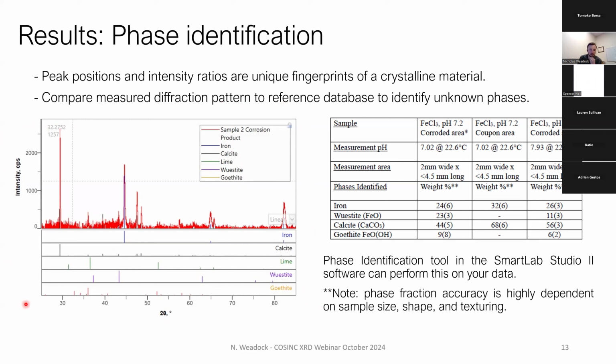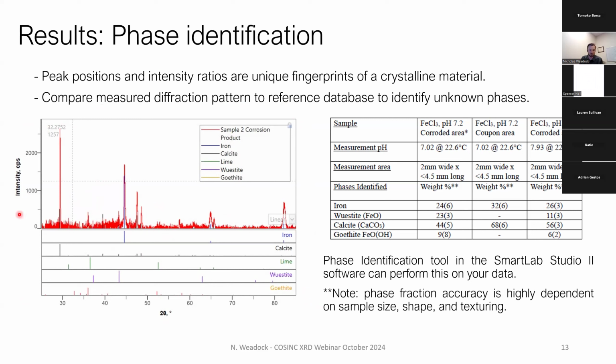So in this case, I'm showing you an example from a corroded steel pipe. And what we do with the software is once we take our diffraction pattern shown here in red, you'll fit peak positions and peak areas, and then match those within a database of known crystal structures. And you can refine that by saying, okay, it should have only these elements to narrow down the breadth of the search.